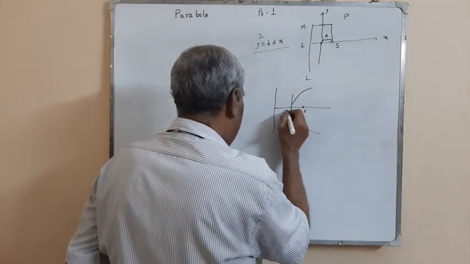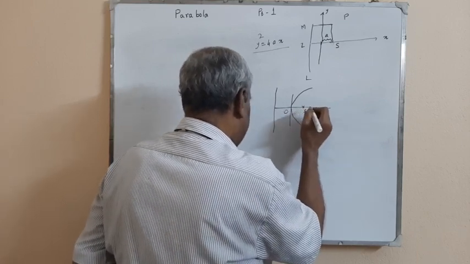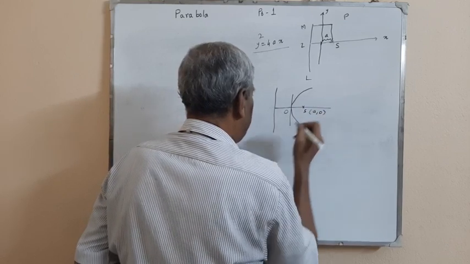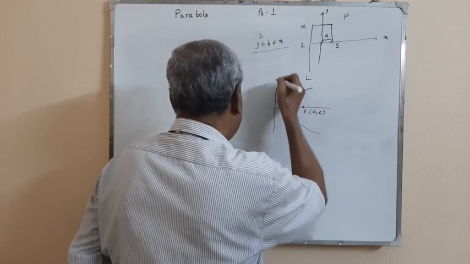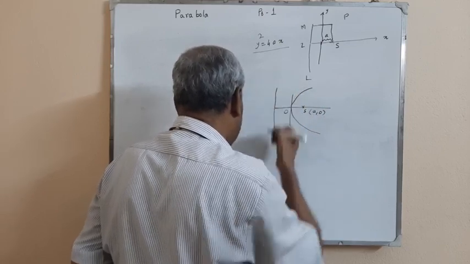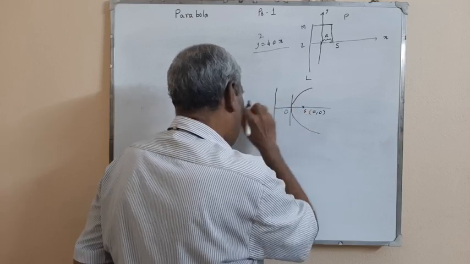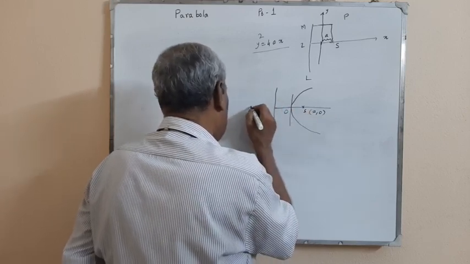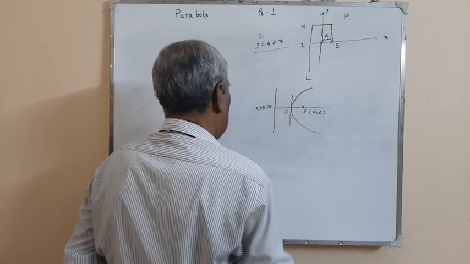So this is the origin of the axis system. S, its coordinate is a, 0, and the equation of that straight line, it is at a distance of a on the negative side of the x-axis. So it is x is equal to minus a, meaning x plus a is equal to 0.